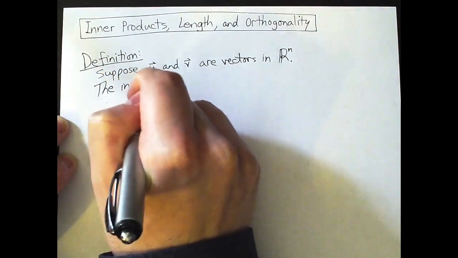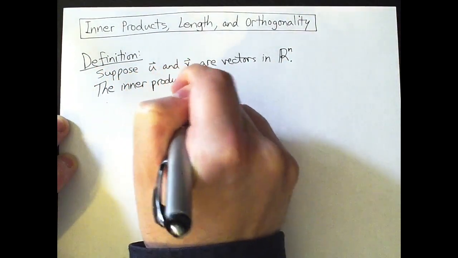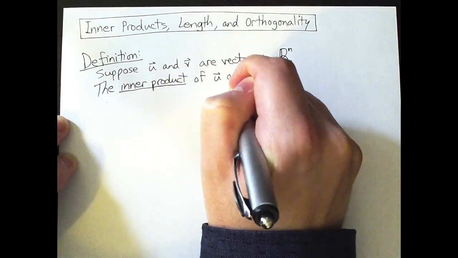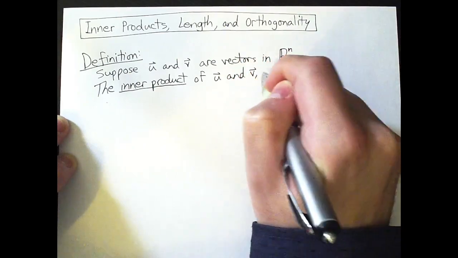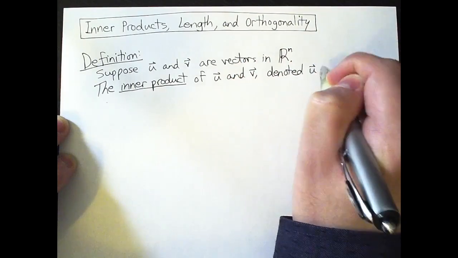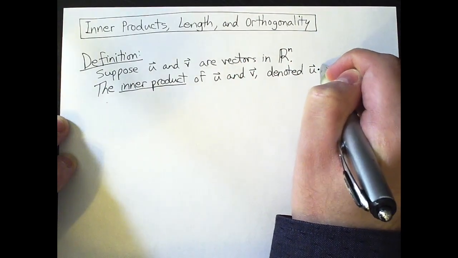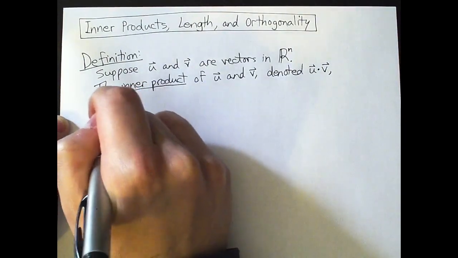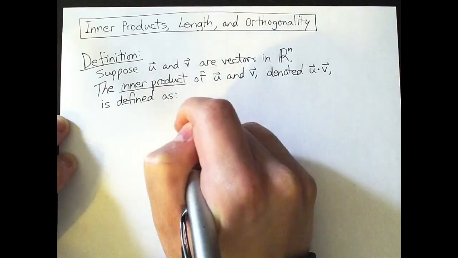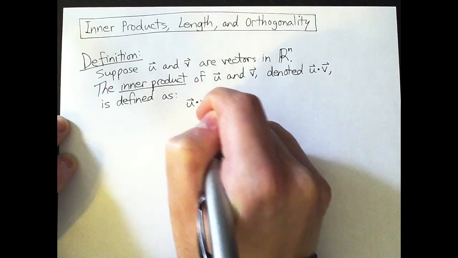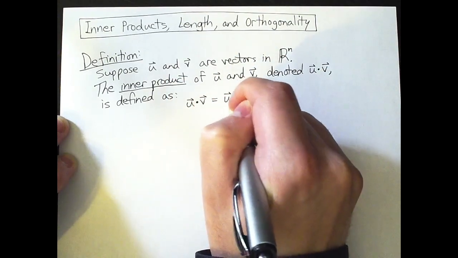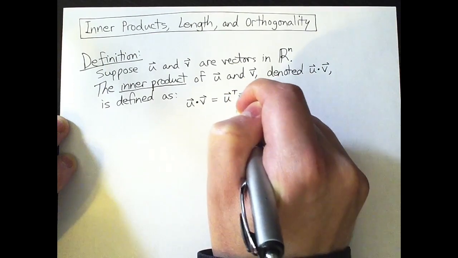The inner product of u and v, denoted u dot v, is defined as u dot v is equal to u transpose times v.